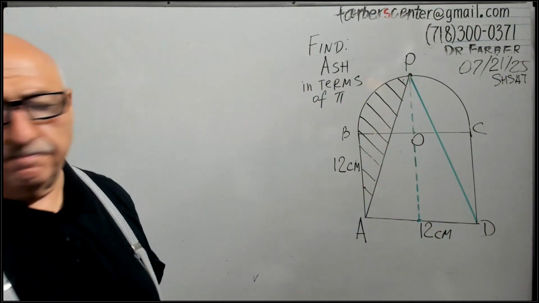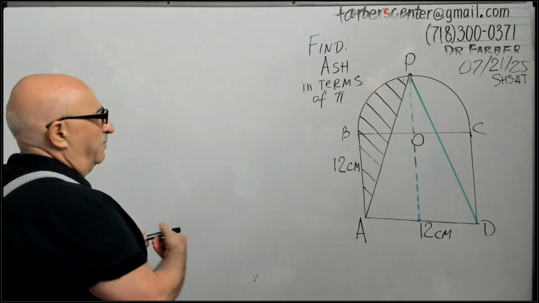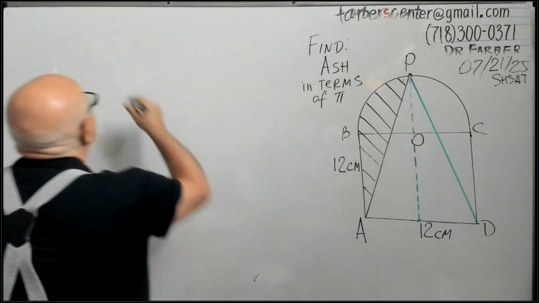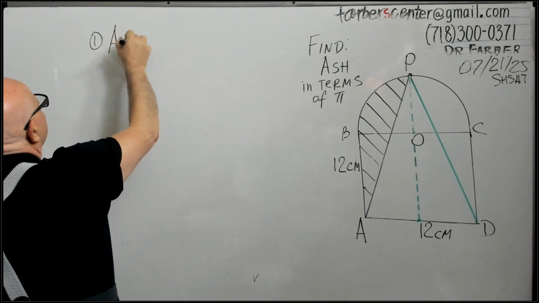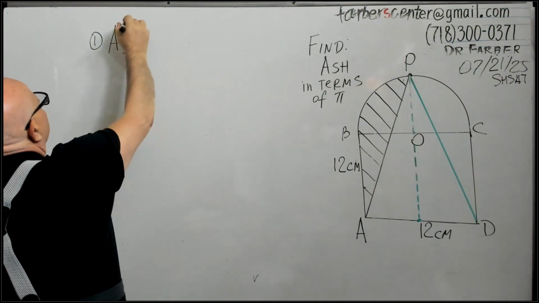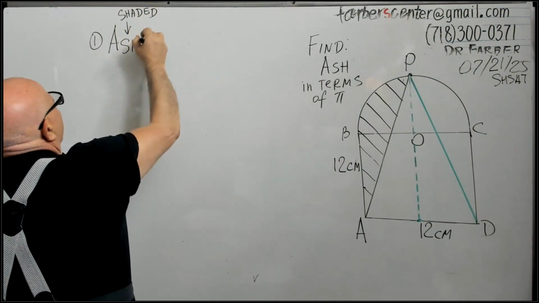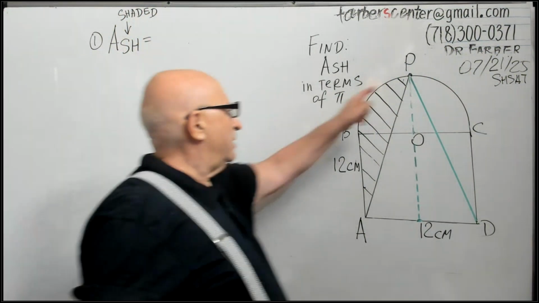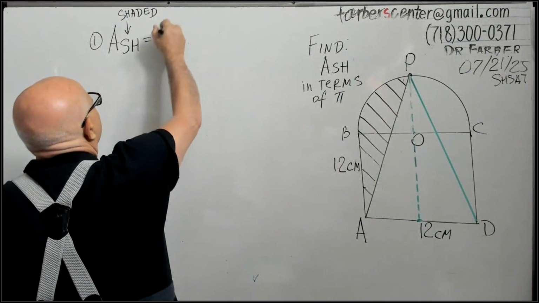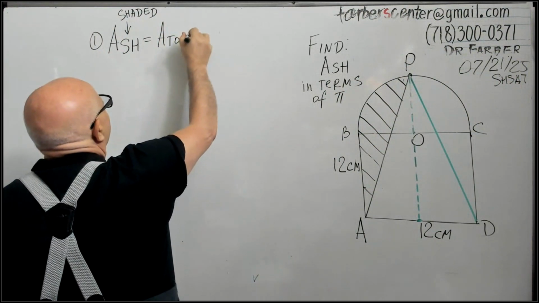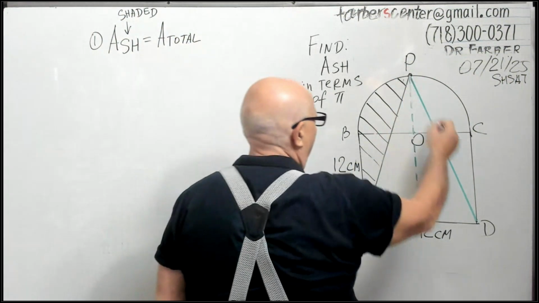No questions. Now, what we know, step number 1: area shaded, as H stands for shaded in our books, equals area total minus area of this triangle.